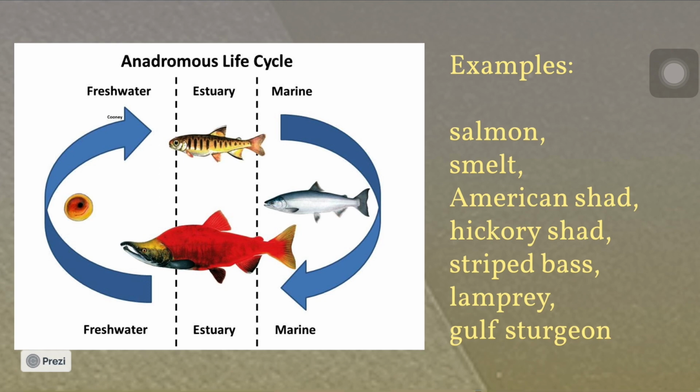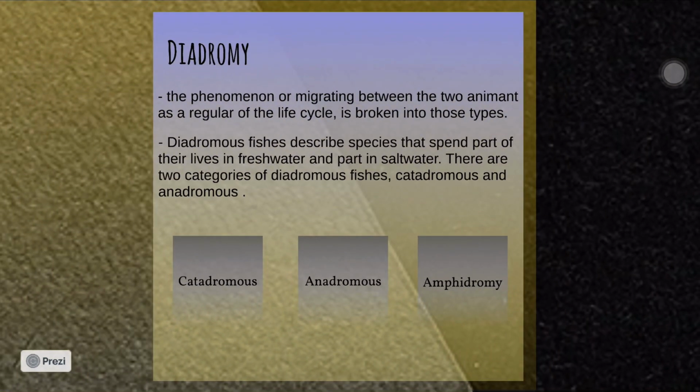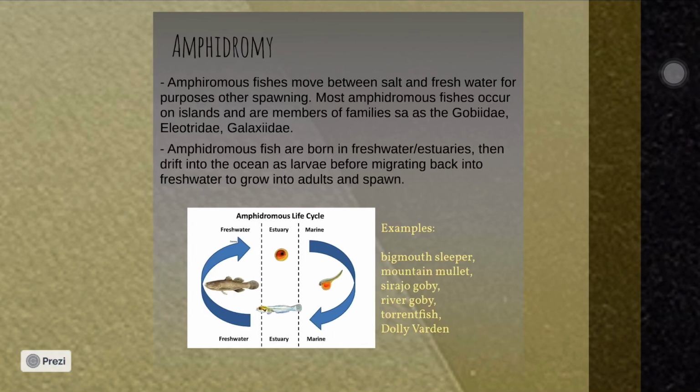Then next is amphidromy. Amphidromous species move between salt and freshwater for feeding or other spawning purposes. Most amphidromous fishes occur on islands and are members of families such as Gobiidae, Eleotridae, and Galaxiidae. Amphidromous fish are born in freshwater, then drift into the ocean as larvae before migrating back into freshwater to grow into adults and spawn.